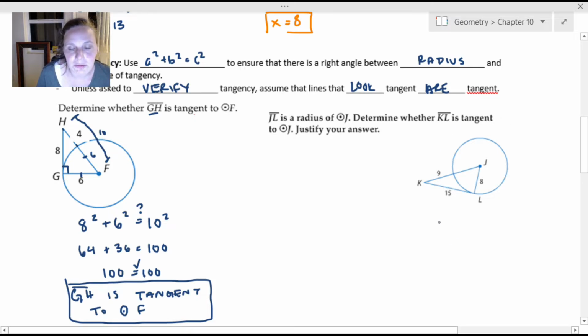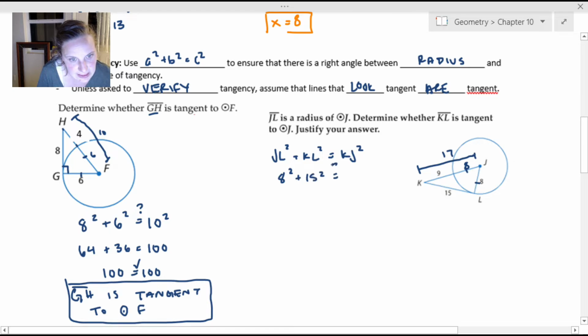Try this one on your own. Make sure you use the whole hypotenuse, this whole segment right here. This is 8, so this is also going to be 8, so all of KJ is going to be 17. So when I set up my Pythagorean theorem, it's going to be JL squared plus KL squared is equal to KJ squared. 8 squared plus 15 squared, is it equal to 17 squared?